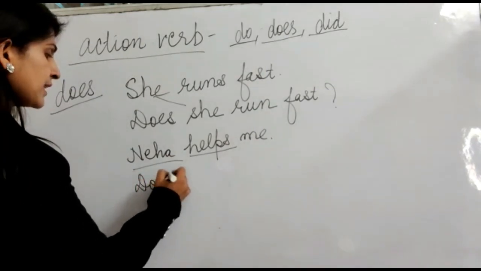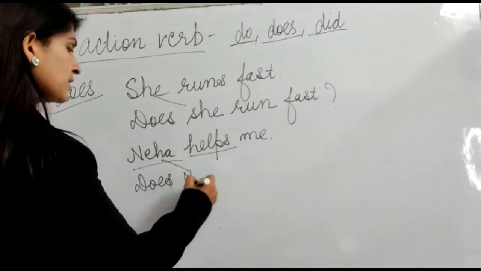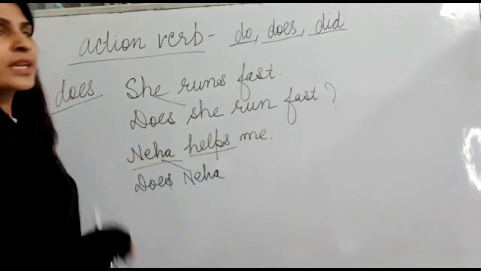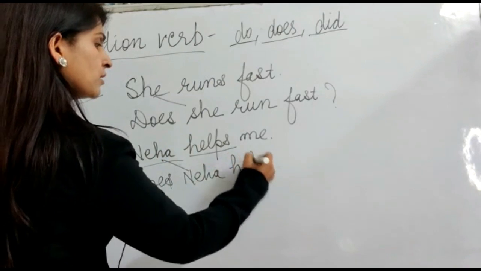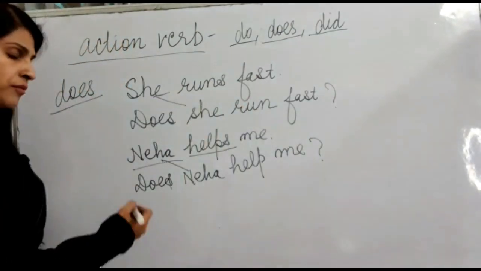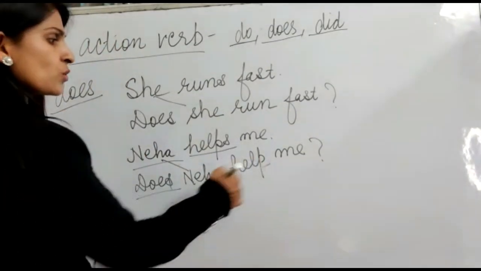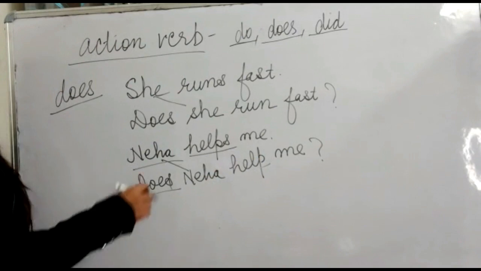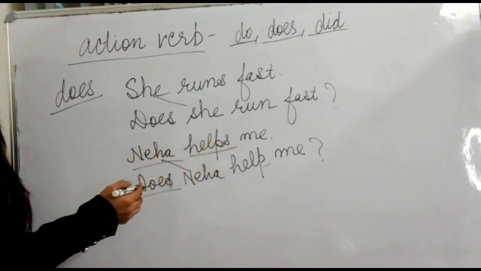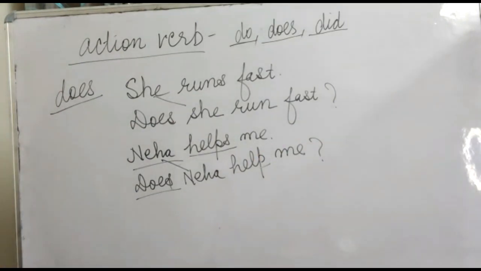We will start the sentence with does, then the subject, does Neha, and then the verb help me, and then the question mark. When we are using does in the question, we don't use s or es in the sentence. It was used in the declarative sentence, but it will not be used in the interrogative sentence.